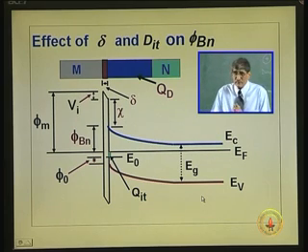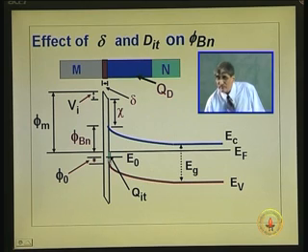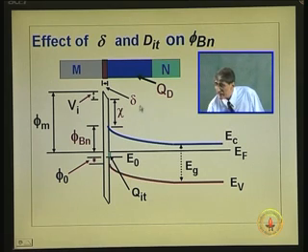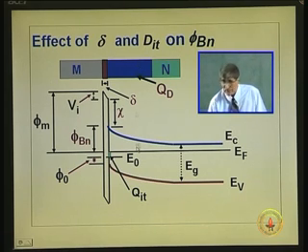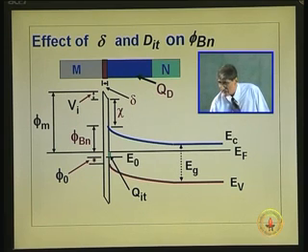Now, what is different is that in the absence of this delta and in the absence of interface states, you have to deal with only two charges. Charge in the semiconductor, depletion layer charge QD, which is the doping concentration into depletion layer width into Q. That is the charge that is present there.